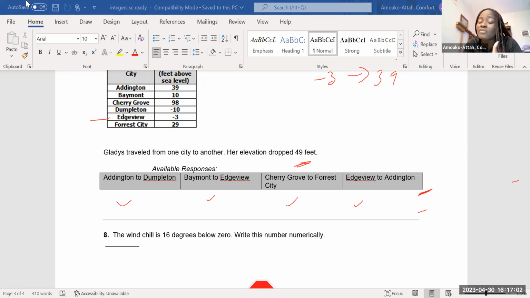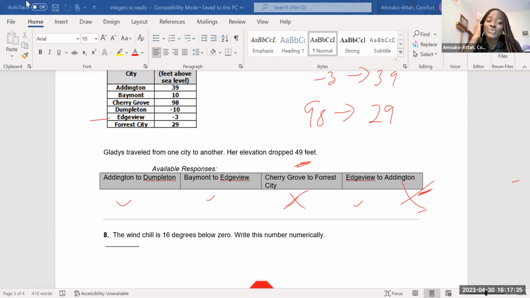So there's no way the difference between this and this will be 49. So this is out. Let's see this. Cherry Grove to Forest City. Cherry Grove is 98, right? So Forest City is what, 29. There's no way the difference between this and this will also be 49. So this is also out.